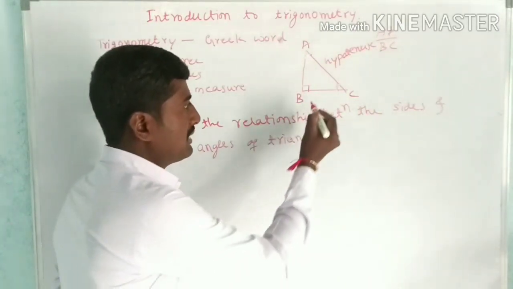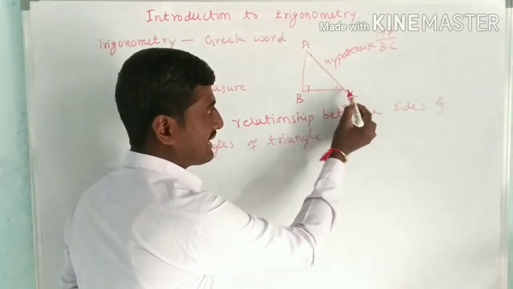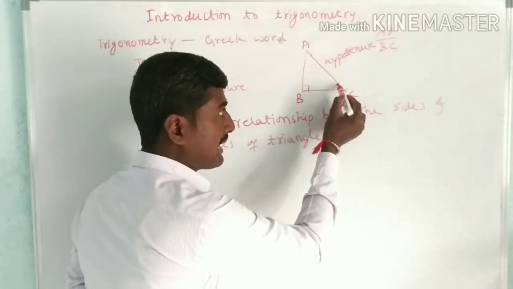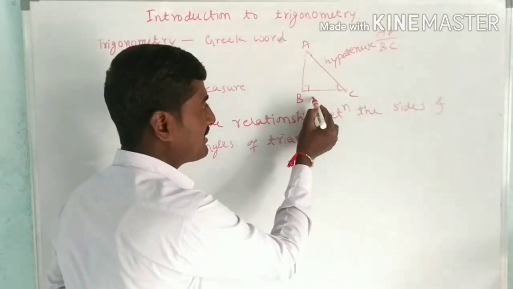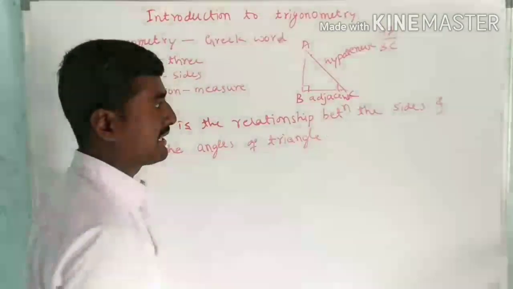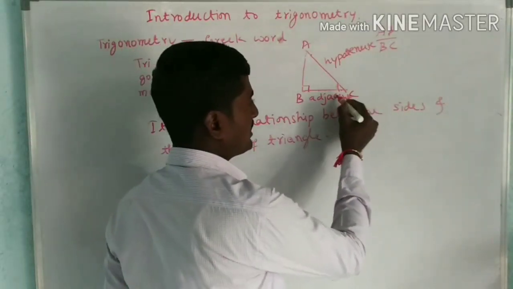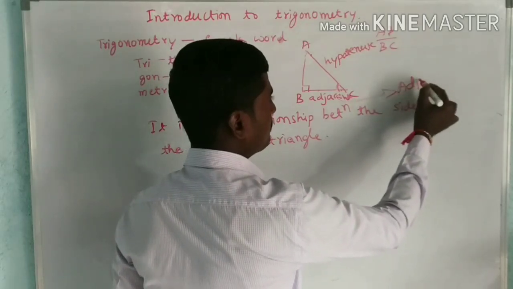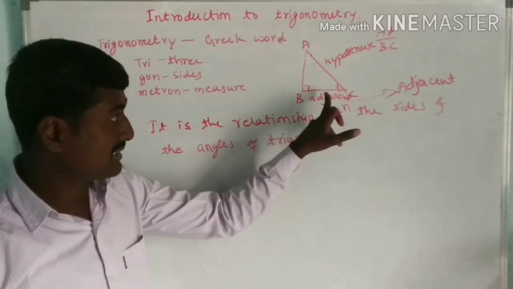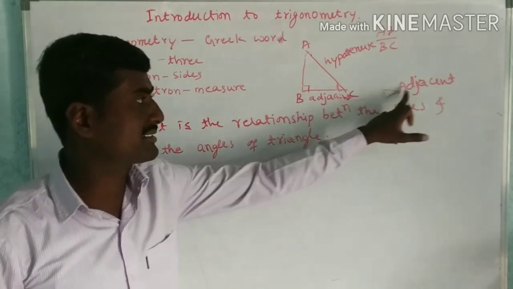Then you come here. The side which is adjacent to the angle 90 degrees and the angle you are going to find, you can say it as the adjacent side. A-D-J-A-C-E-N-T, adjacent side.